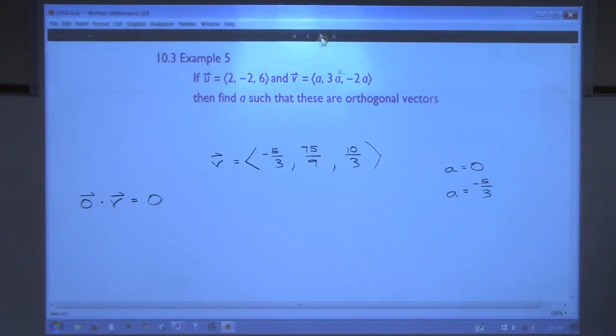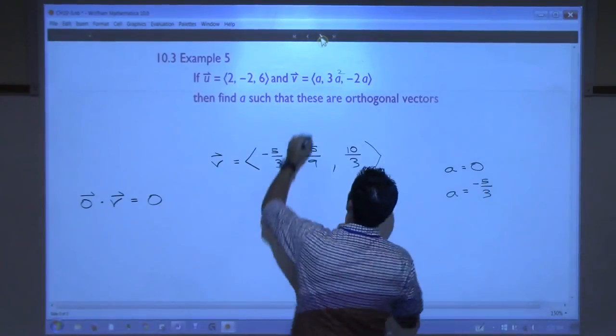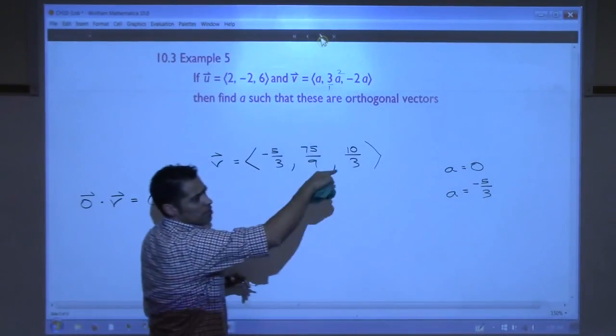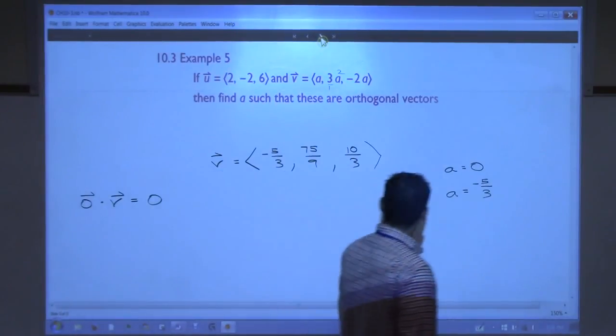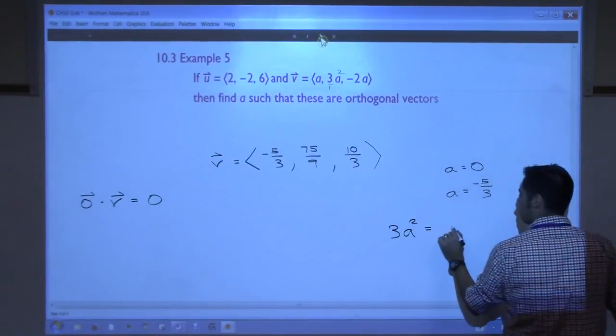Where? The 3 is on the top, though. The 3 is like a 3 over 1. So the 3 goes across the top to the 25. Right, 75. But then when you square the 3, hold on.